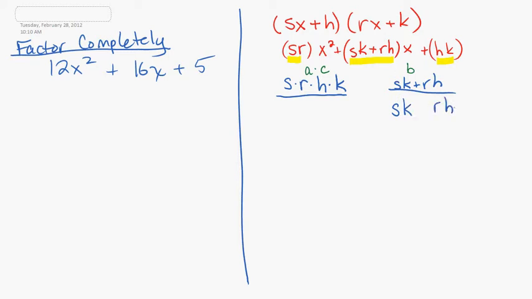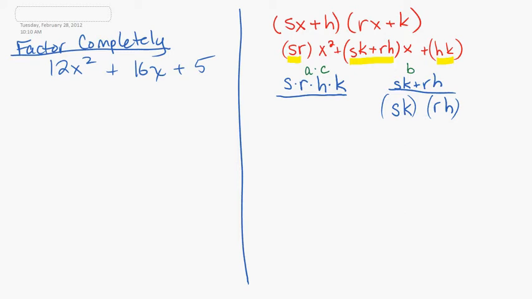Because when I multiply those together, I get s times r times h times k. And when I add them together, I get s times k plus r times h. So it's pretty weird and kind of obvious in this general case. Let me show you how it works in the specific case, and that might help.